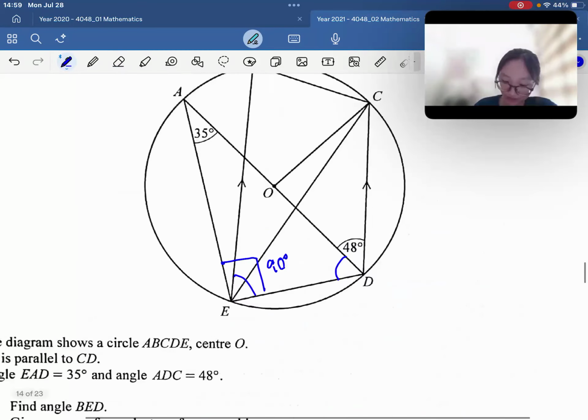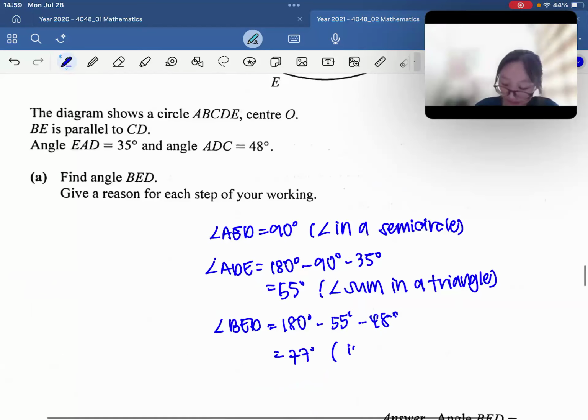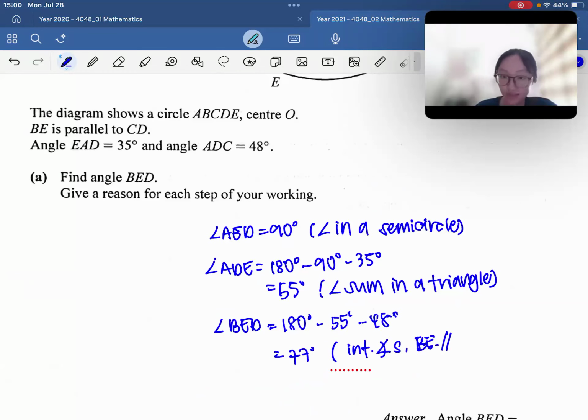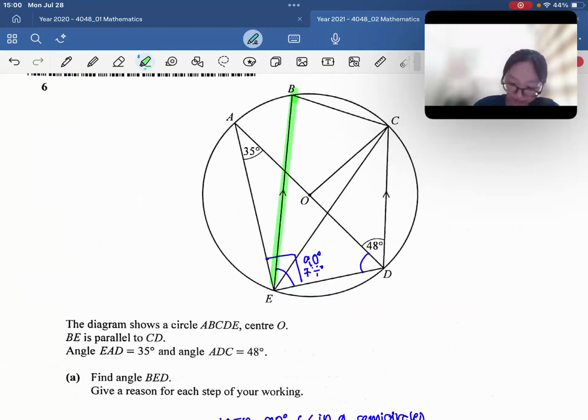Angle BED is over here because it is interior angles. We know this because BE is parallel to CD. These two are parallel, and hence we can do 180 degrees minus the two known angles.